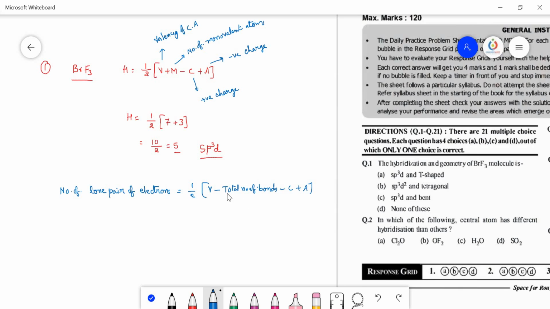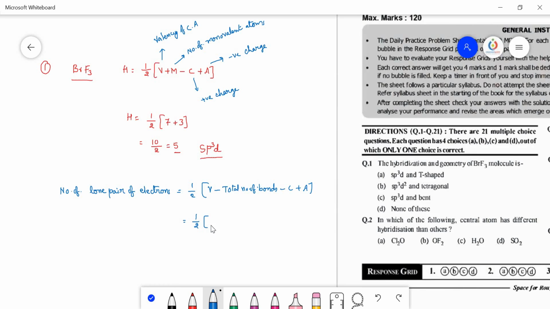Here we calculate the total number of bonds and subtract that value. For example, oxygen generally forms 2 bonds. Whatever the type of bond, sigma or pi, we have to consider it.